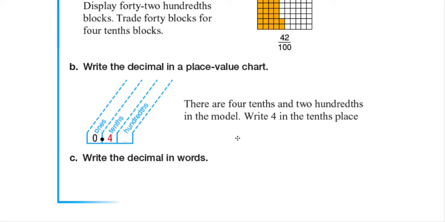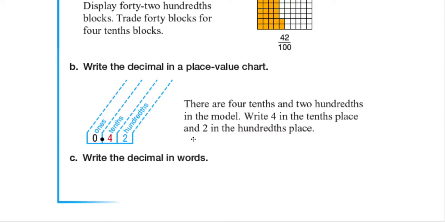And then 2 in the hundredths place. So writing this as a decimal, since it is 42 over 100, there are 4 tenths and 2 hundredths. We write 4 in the tenths place and 2 in the hundredths place.